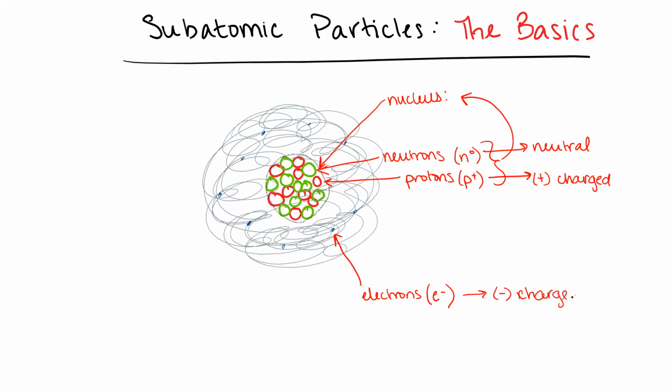Now, in a neutral atom, emphasis on neutral, the number of protons equals the number of electrons. And I'm going to emphasize this over and over and over again so that you understand that an atom has to be neutral in order for this to be true.